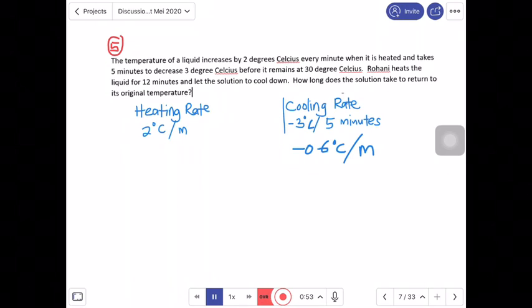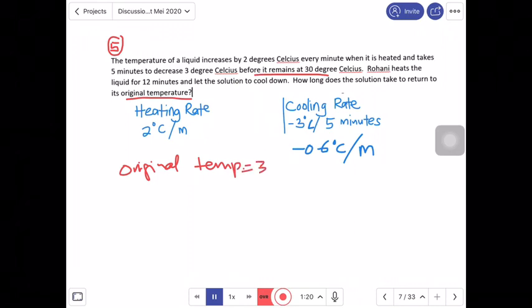After that, you have to understand, it says here how long it takes to return to its original temperature. What is the original temperature? Here it says before it remains at 30 degrees Celsius. So actually the original temperature is equal to 30 degrees Celsius.